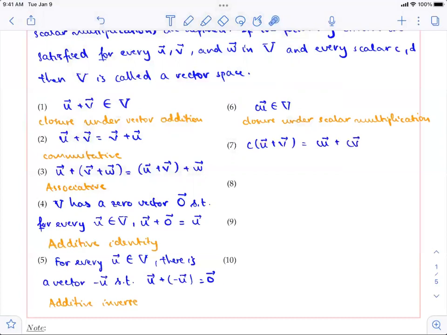What it says is that you can do the vector addition first and then scale the resulting vector, or you can scale vector u and vector v first and then add the two resulting vectors. So this is the distributive property.